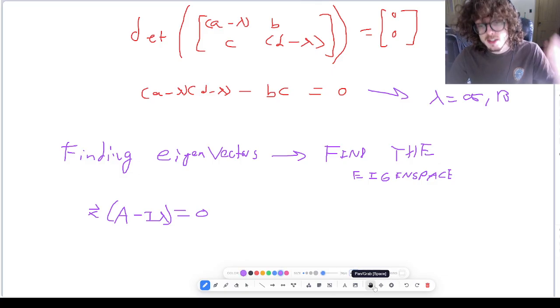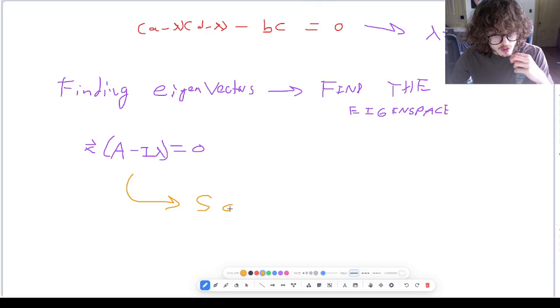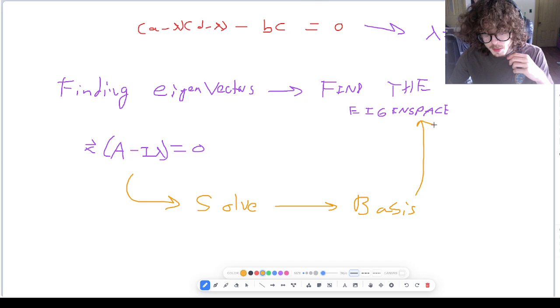This will give you a basis, right? So solve, get your basis. This is going to be your eigenspace, right? And I'll show you an example of how to do this.